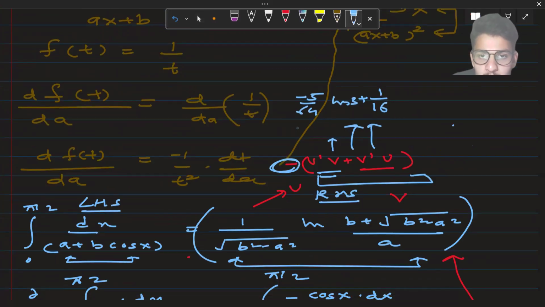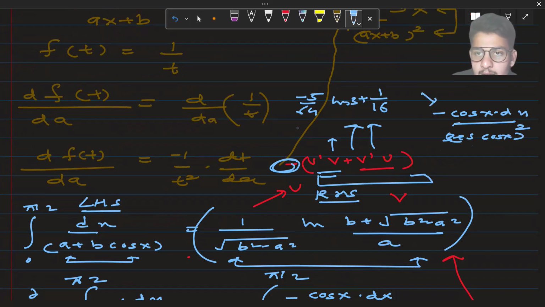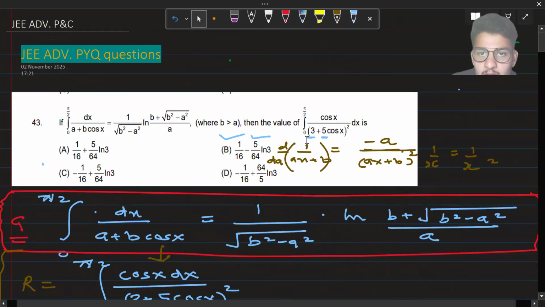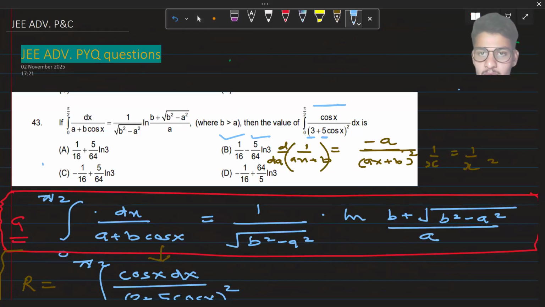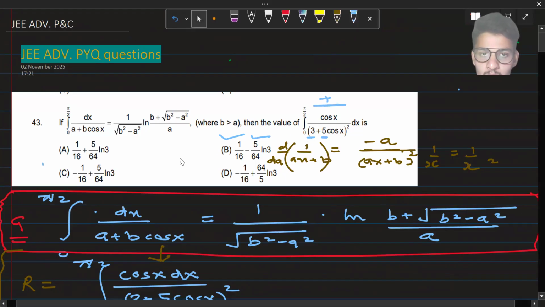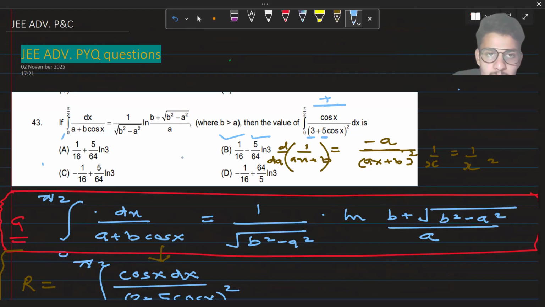Minus was there because we do not need to find minus cos x dx upon 3 plus 5 cos x square. We need to find the plus of it, you can see in the question. But when you differentiate this one, you will get the answer of minus cos x upon 3 plus 5 cos x whole square.